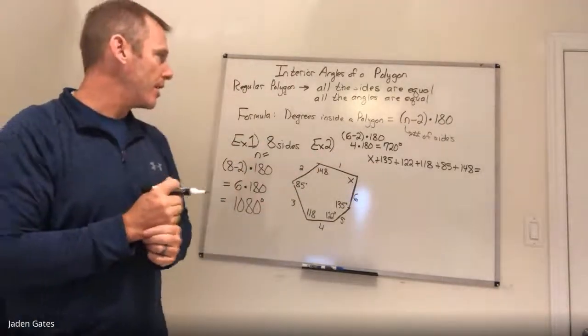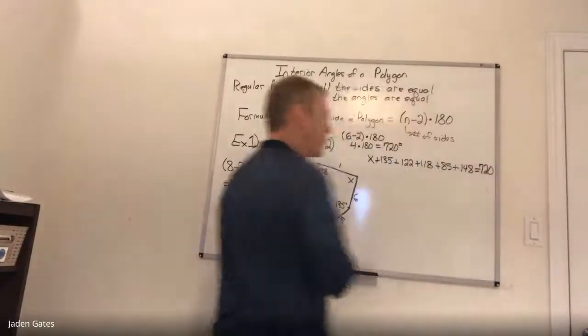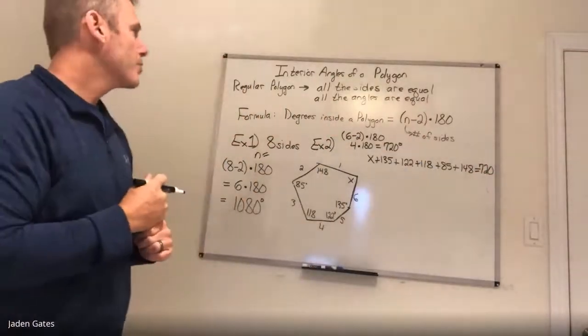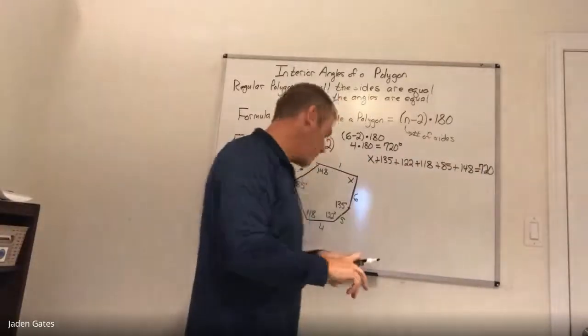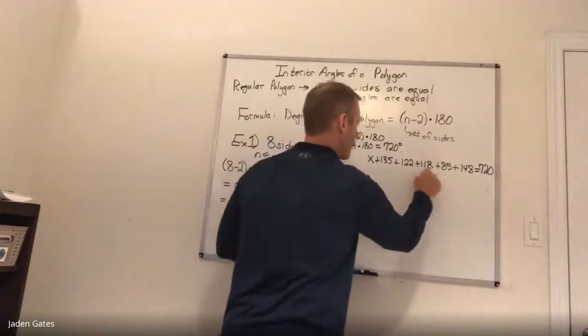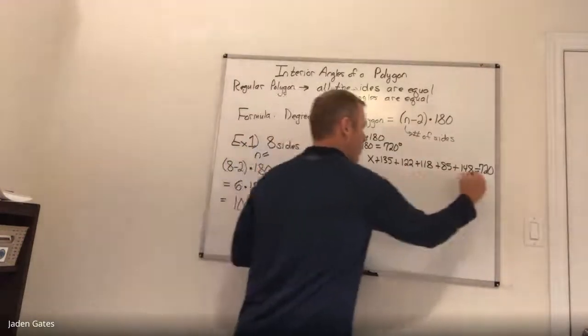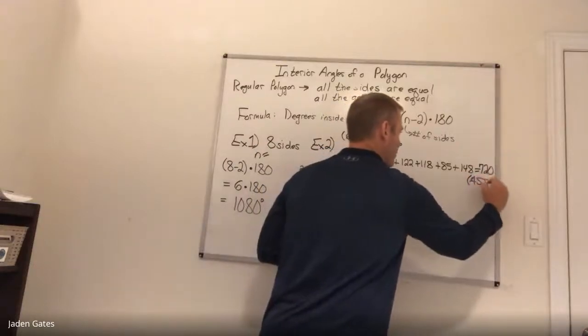So now I can go back to my original equation where I'm using AST, the sum of the angles inside that, and all these angles should add up to 720. So now I have this equation which I can solve. I'm going to move all of these angles, 1, 2, 3, 4, 5 of them, over to the other side. So I've got X. I should show my work here. AST is what I used.